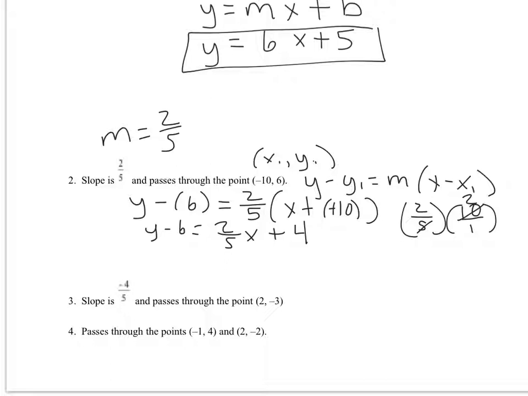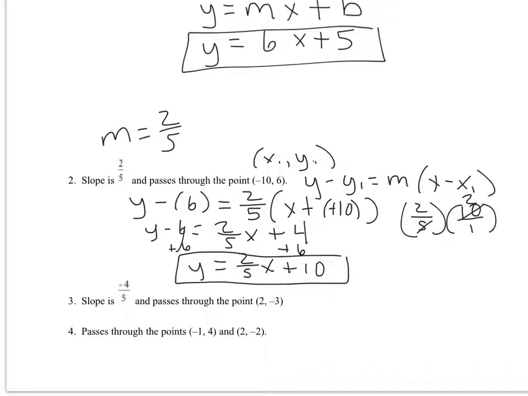We're really close to slope-intercept form at this moment because the only thing left to do is to move that minus 6 on the left side over to the right. And the way I do that is I add 6 to each side, and I will end up with y equals 2/5 x plus 10. And that would be my equation in slope-intercept form.